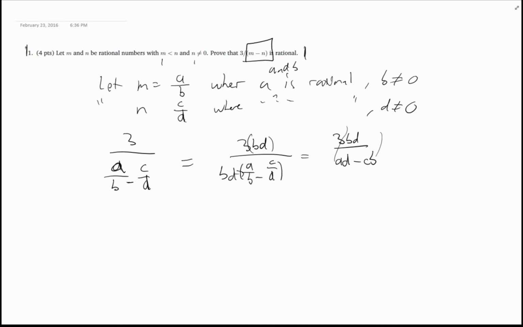All you do is you say let 3bd be equal to q, ad minus cb equal to p. Therefore, this is equal to q over p, where p cannot be equal to 0 because none of these terms are 0.